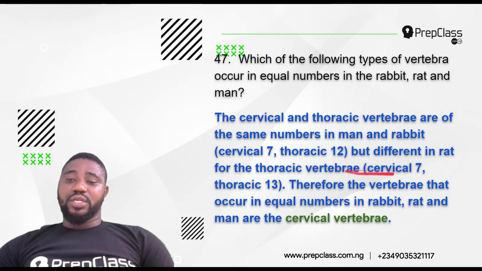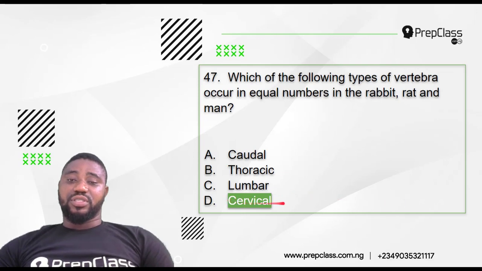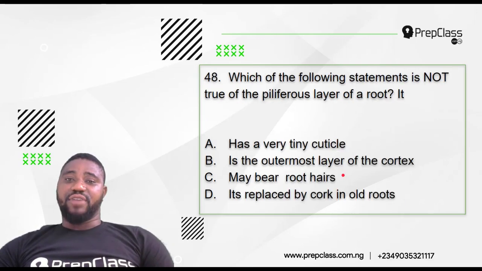But thoracic vertebrae in rats is 13, while in man and rabbit it is 12. So the correct answer is cervical vertebrae. It occurs in the same number in man, rabbit, and rat. So cervical, option D, is the correct answer.